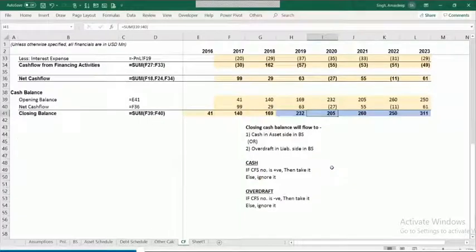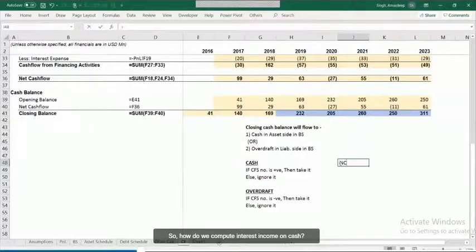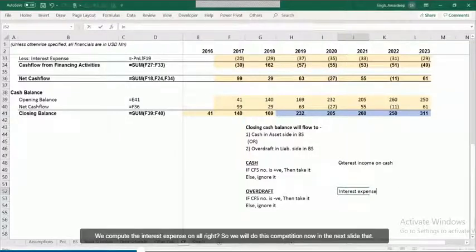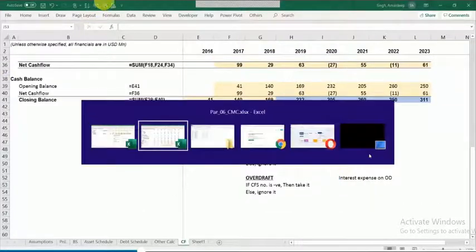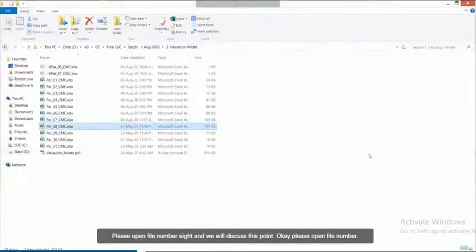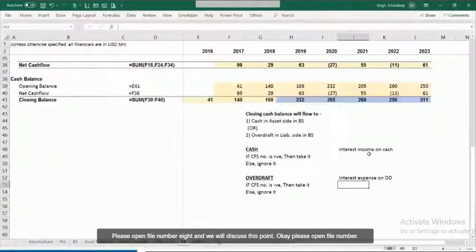So how do we compute interest income on cash? We compute interest income on cash and interest expense on overdraft. Right? So we will do this computation now in the next file that we discussed. Please open file number 8 and we will discuss this point.